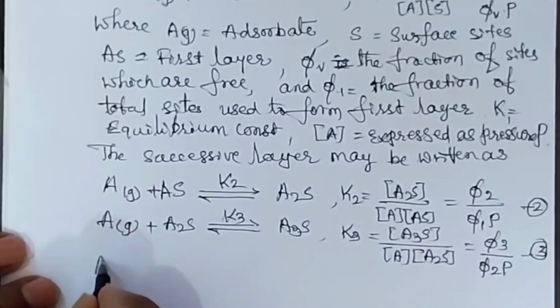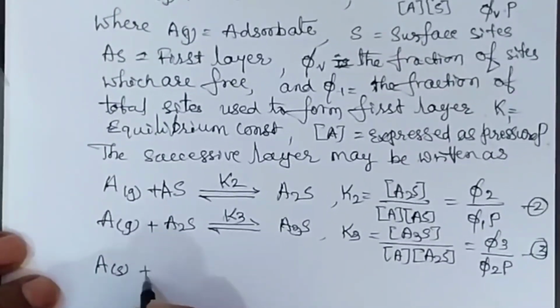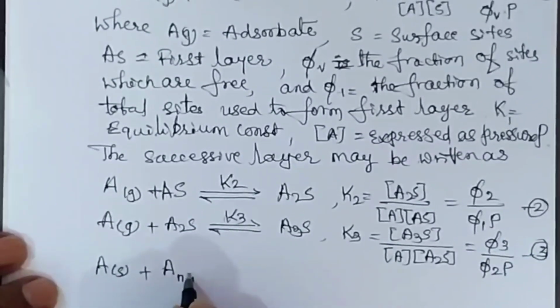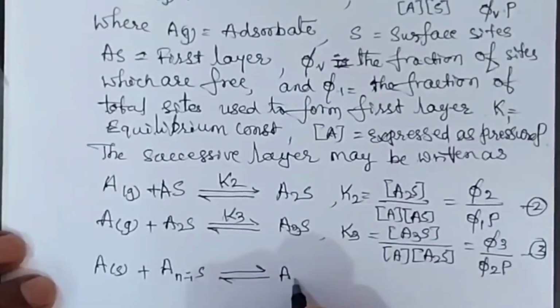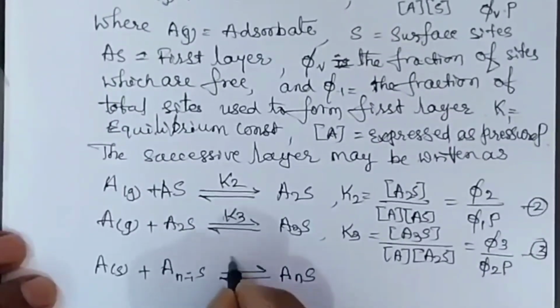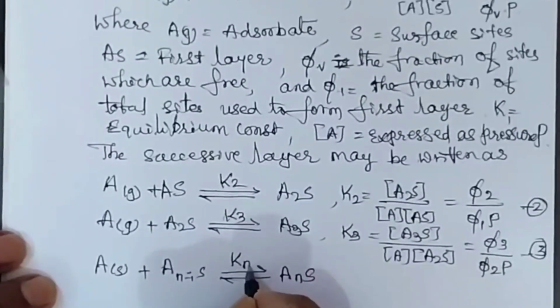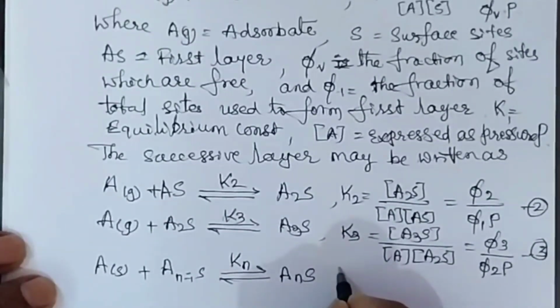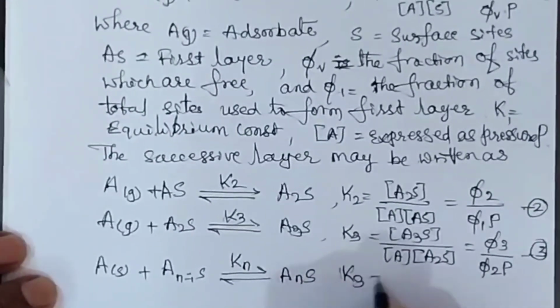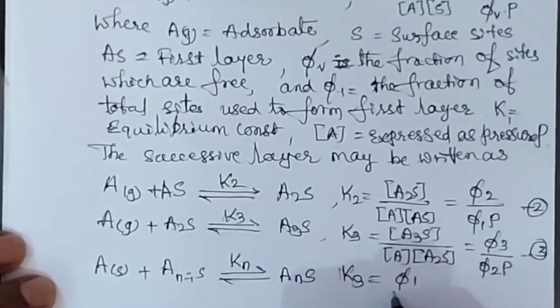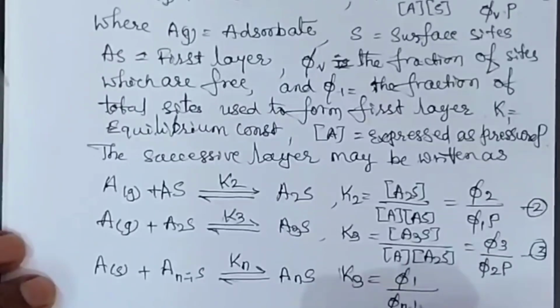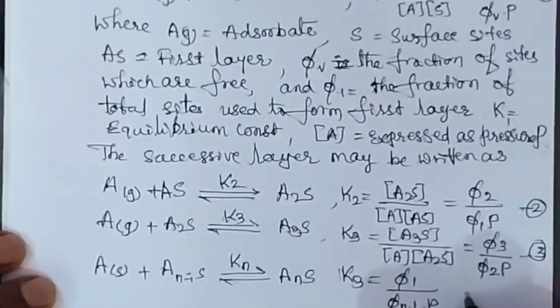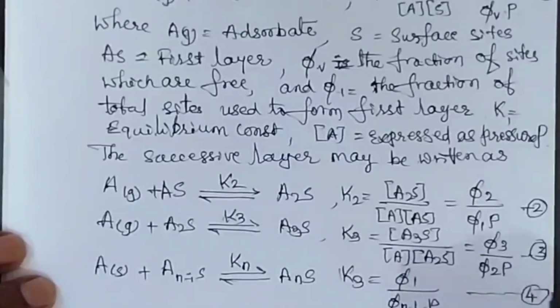For nth layer, A(n minus 1)S plus A forms AnS with equilibrium constant Kn. Then Kn is equal to pi n divided by pi n minus 1 into P. Suppose this is equation 4.